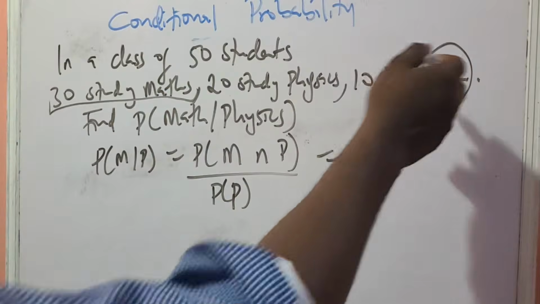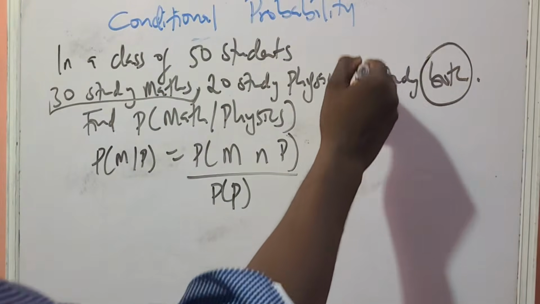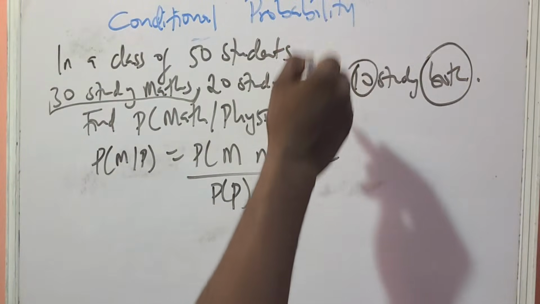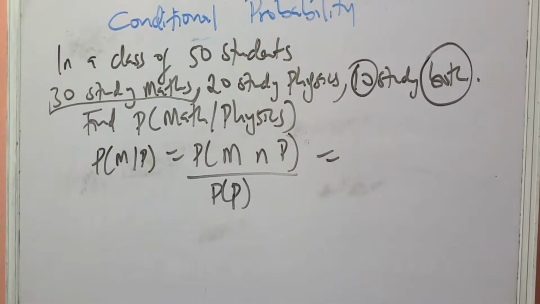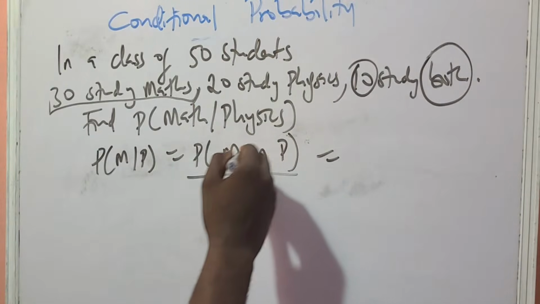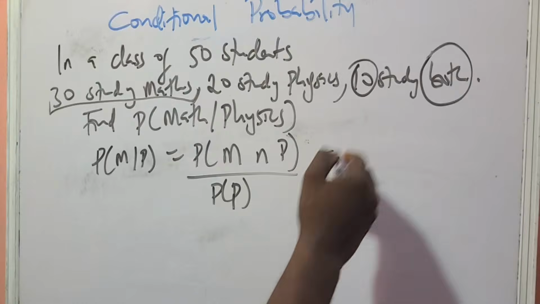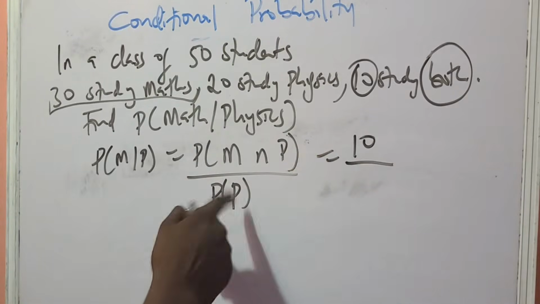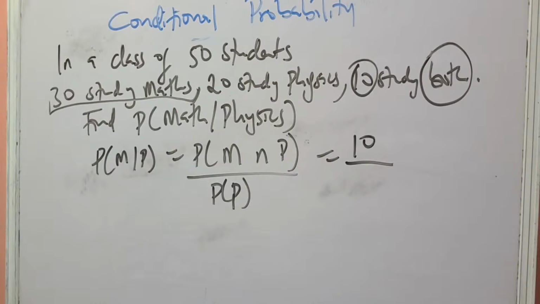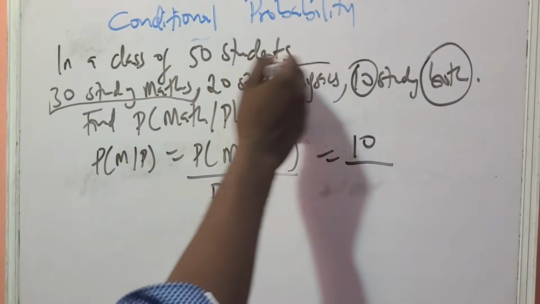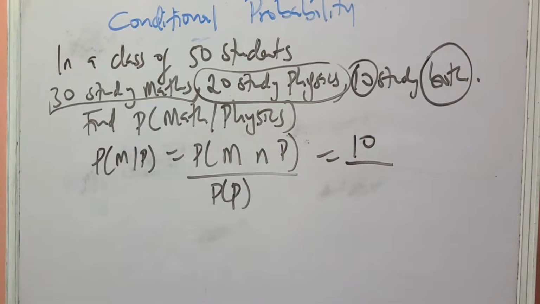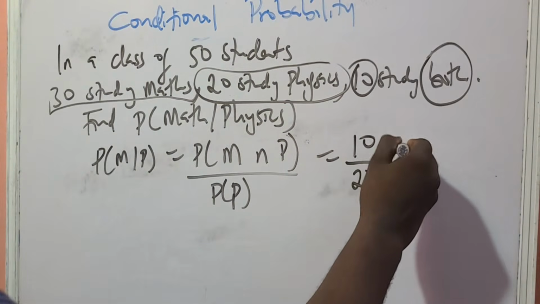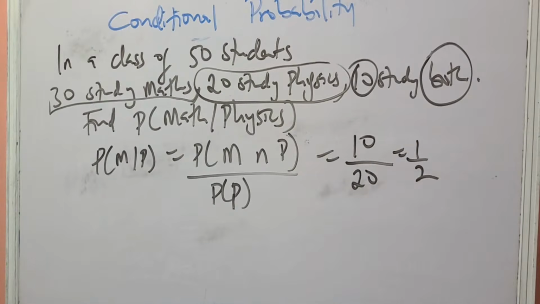That means this 10 has both maths and physics included. So that's what will serve as your M intersection P. So we have 10 here. Now, the denominator, probability of physics, is obviously 20 in this case. So that will be 10 over 20. The total answer will be 1 over 2.